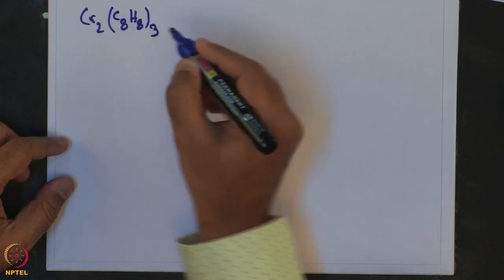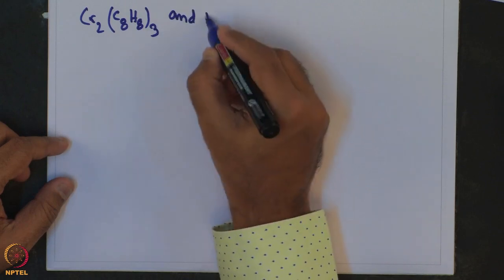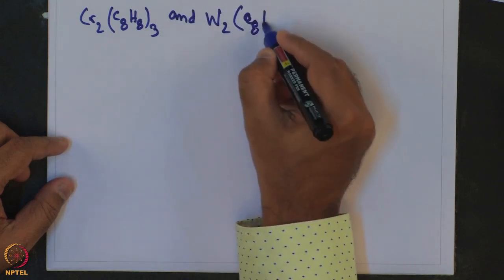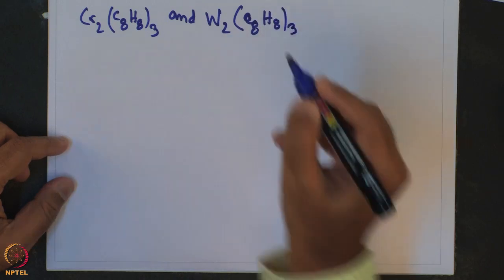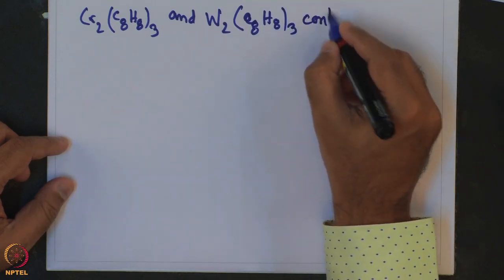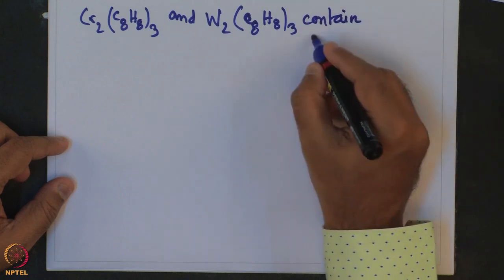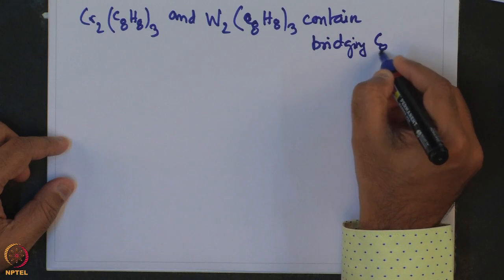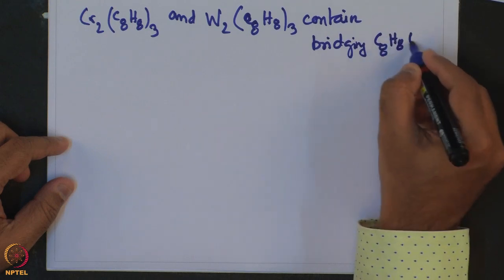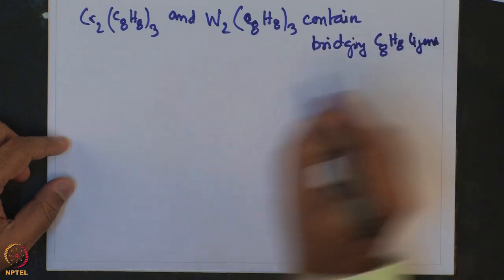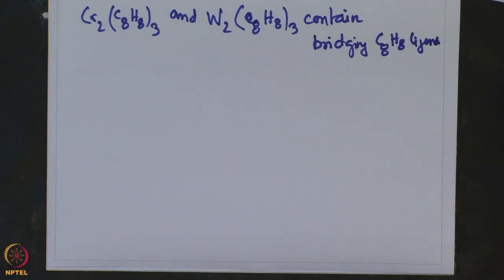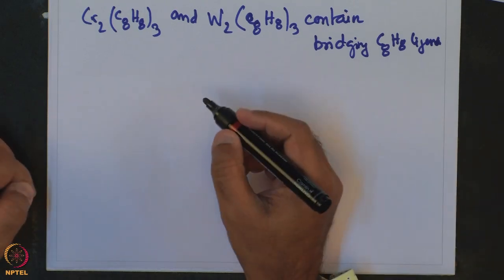So, Cr2(C8H8)3 and W2(C8H8)3 contain bridging C8H8 ligands. So, let me just illustrate this with the example.